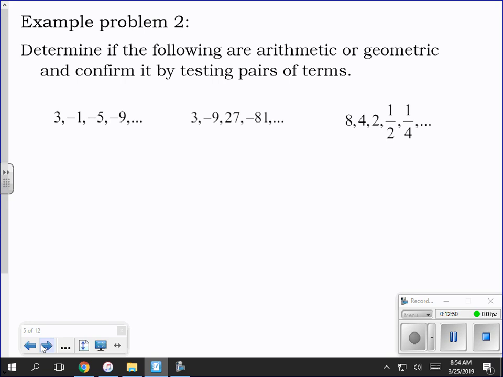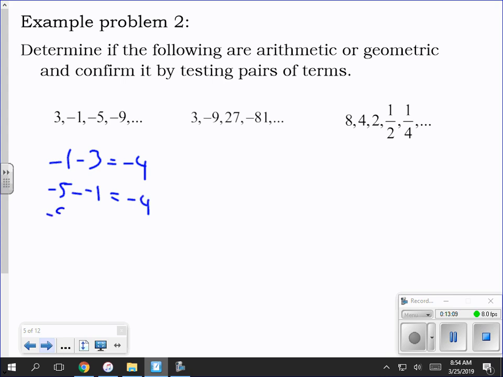Here's what you do. You take a number, subtract the previous number in the sequence. -1 minus 3 gives me -4. I do that again: -5 minus -1, I get -4.